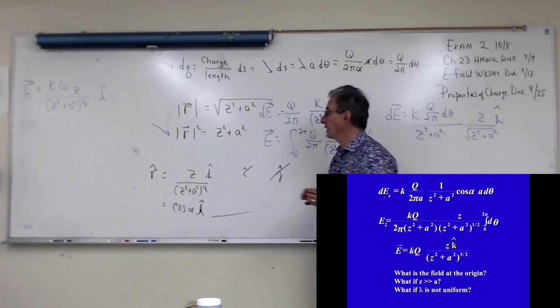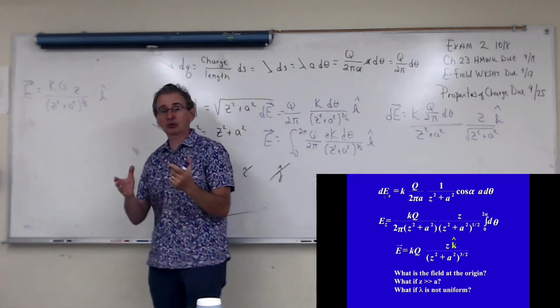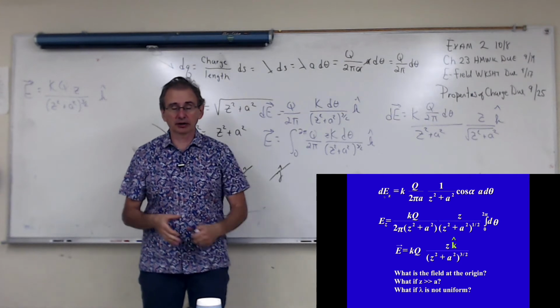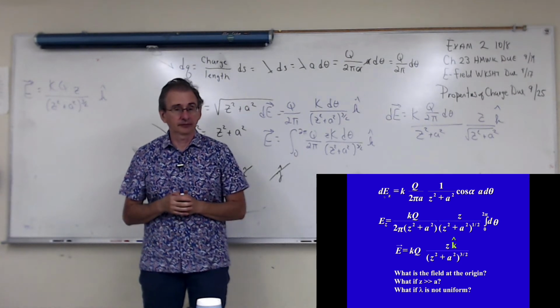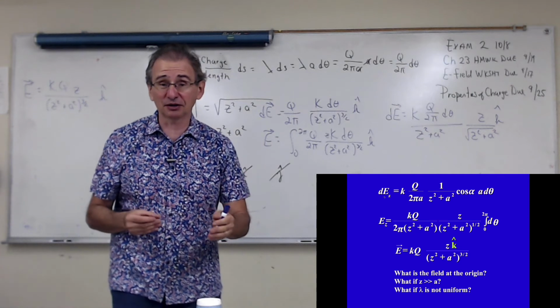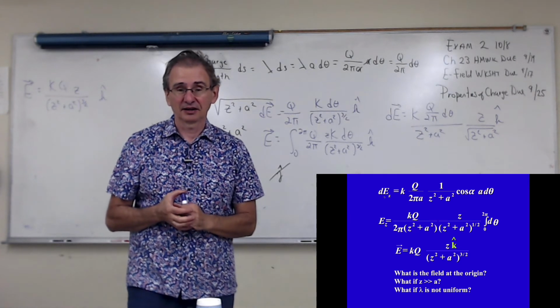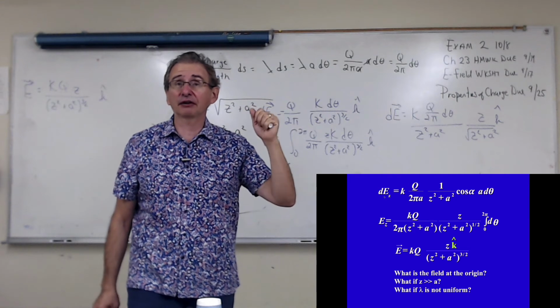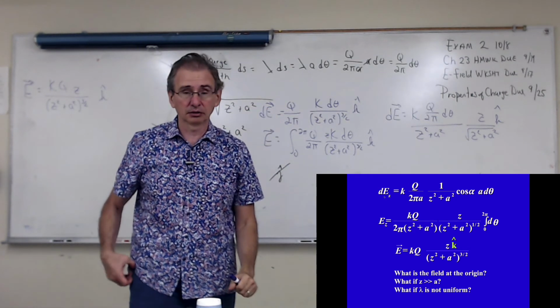If z is really big, what does the ring look like? It looks smaller. Like a dot. It looks like a point particle, right? And so if you're really far away, then the field should look like the field due to a point particle. Isn't that true?